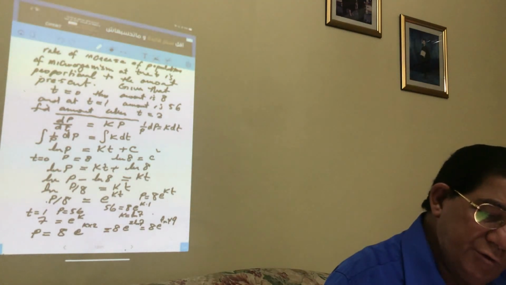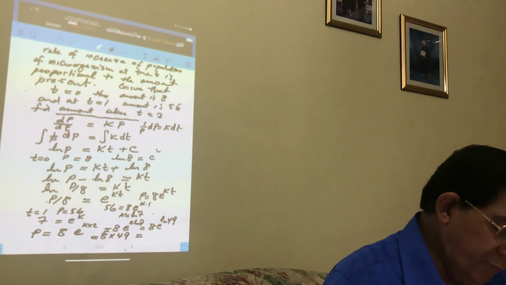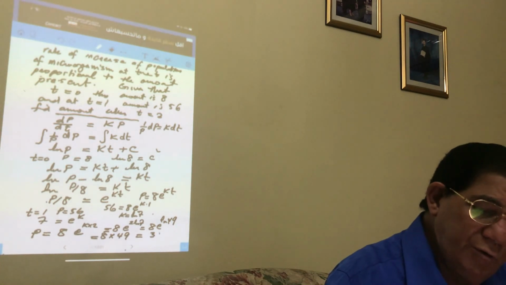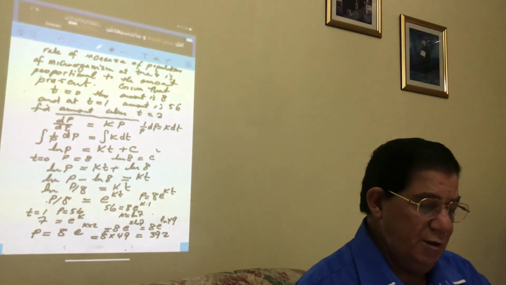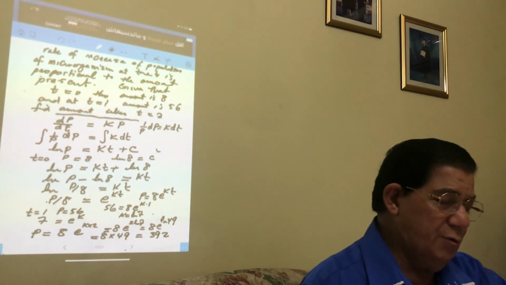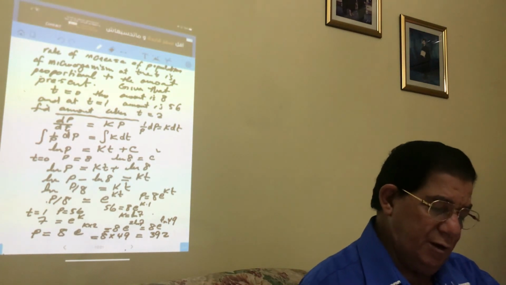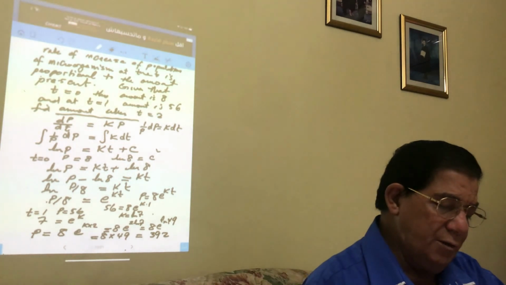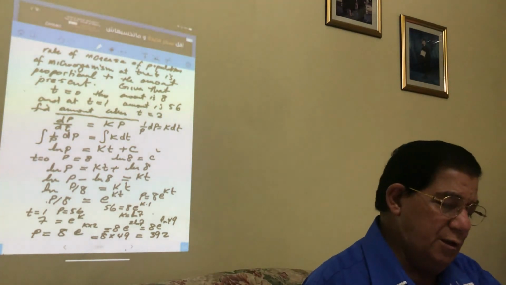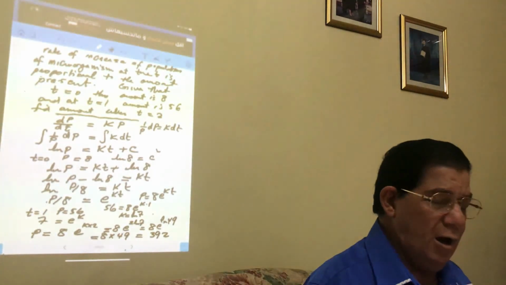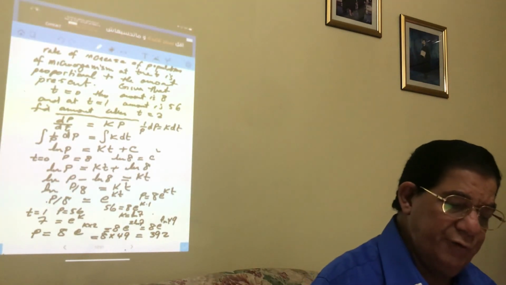Therefore, this is equal to 8 times 49, and we got the answer is 392. And this is the end of integration, completely, and integration and application and differential equation.